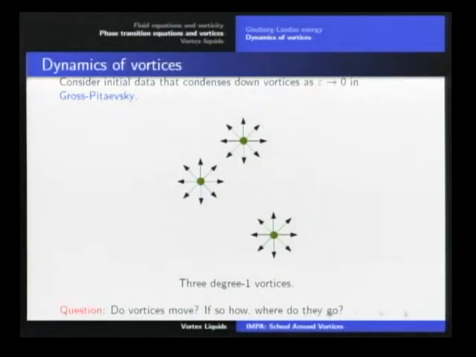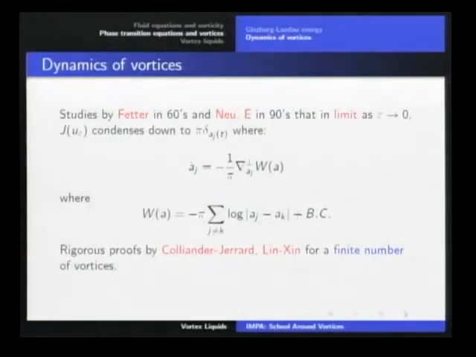And this has been studied a lot. It dates back even to the 60s, and by Lin and E in the 90s, that in the limit, the Jacobian of u is going to condense down to a bunch of point particles, meaning we have a bunch of degree 1 vortices, and they will be carried along by this very simple relationship where W, again, is the Coulombic free energy.